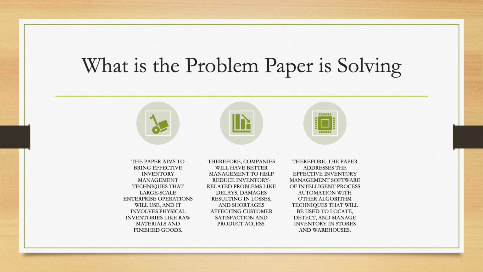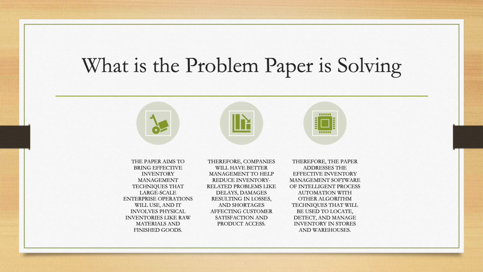So the paper is solving how large scale industries use physical raw materials, and for inventory management, how they face problems with the raw materials and goods, and then customer satisfaction affected by delay, image damage and blurred images.